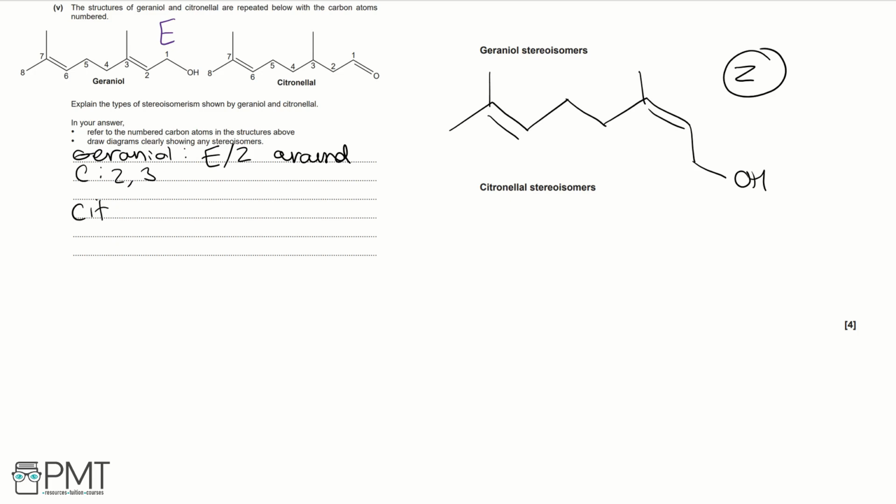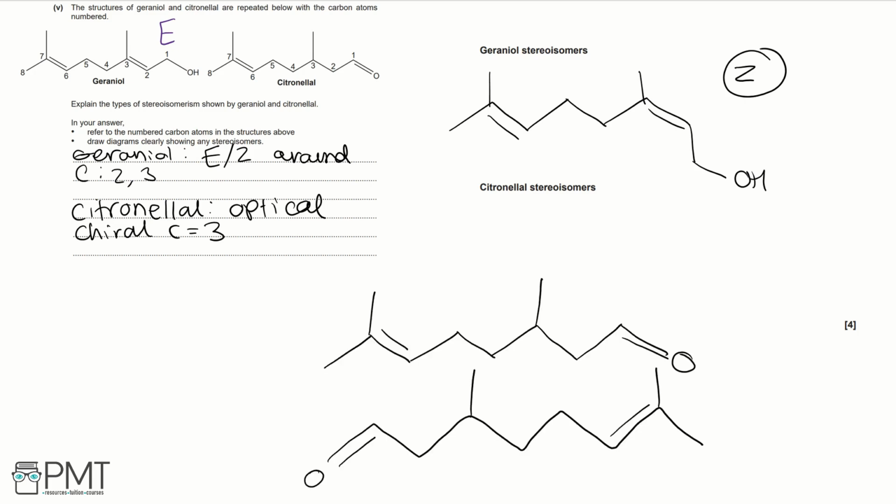So now looking at the type of stereoisomerism present in citronellal, we have optical isomerism present in citronellal, and that is because we have a chiral carbon on carbon number 3. So we need to draw the two types of optical stereoisomers of citronellal.